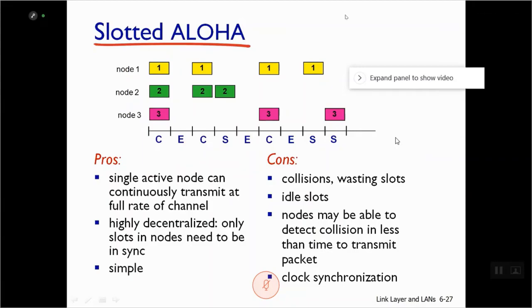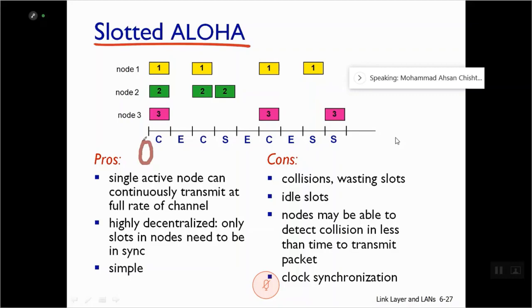All these beginnings of the time slots are to be synchronized. What I mean by synchronized is, when node 1, 2 and 3 started at this time 0, they knew that this is the beginning of the slot. How did they know that this is the beginning of the slot? This is how it's done by clock synchronization.